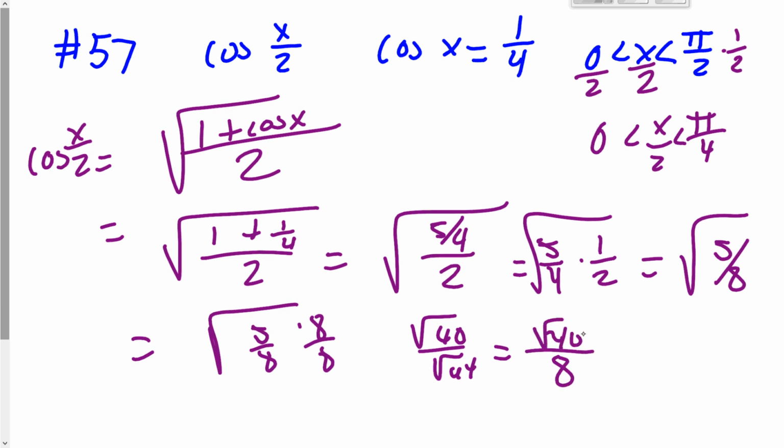And square root 40 you could break down because this will break down to 2 root 10. 2 root 10 over 8, and that breaks down to square root 10 over 4. And so there's our answer for number 57. So that's done.